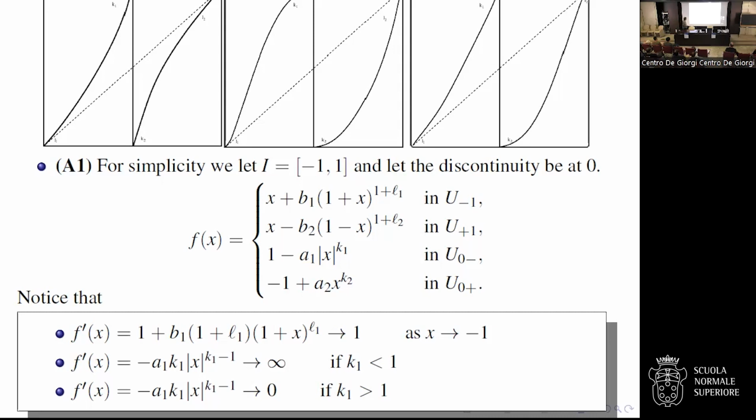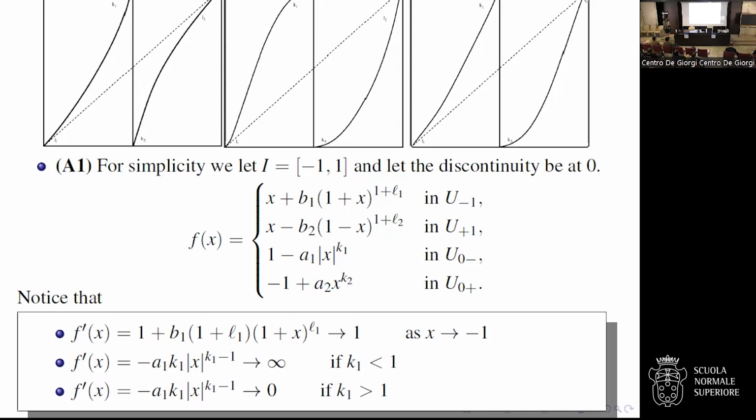And so these 4 constants will play an important role in parameterizing our family of maps: L1, L2, K1, and K2, right? They give you the orders of all these various things in these 4 neighborhoods.